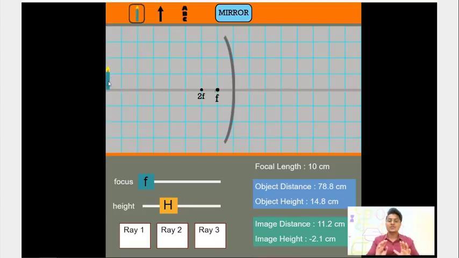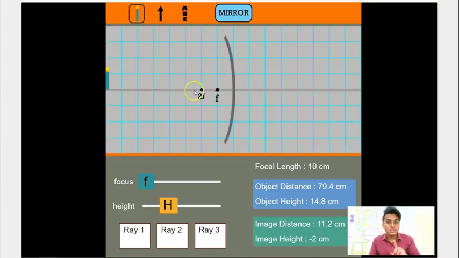Correct? In the case of a concave mirror, out of the 6 ray diagrams, in 5 positions of the object, the concave mirror forms a real image, and in one of them, it forms a virtual image. We'll discuss that one by one. So as the first ray diagram goes, when the object is at infinity, the image is formed at the focus.